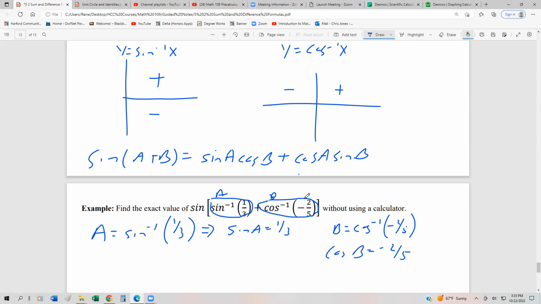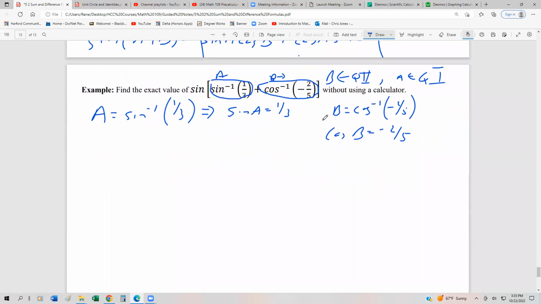And so what we're looking at is that B is in quadrant 2, and A is in quadrant 1. We're going to have to remember that because when it comes time to use the signs for this, that might change what our signs are going to be. Okay, so let's figure these out.